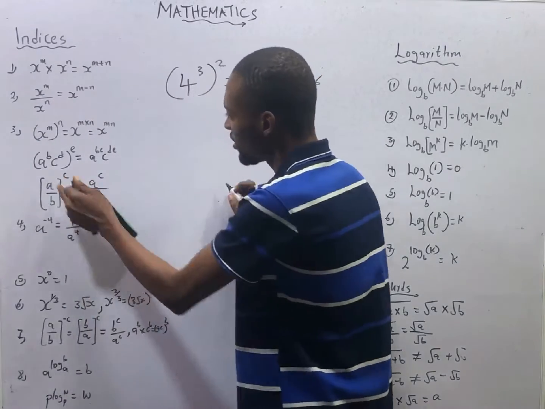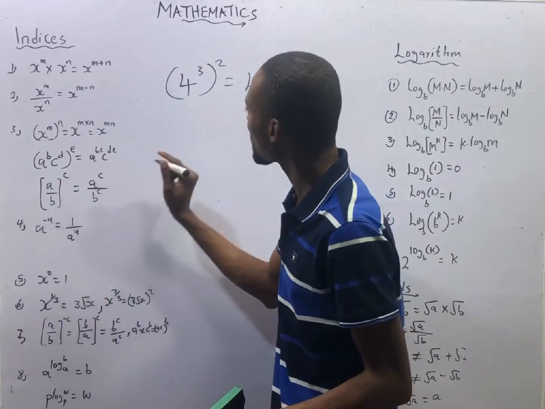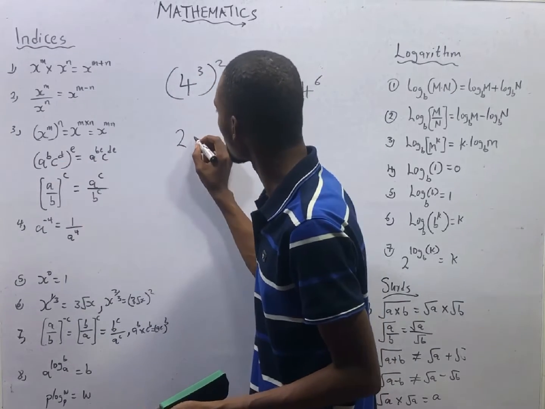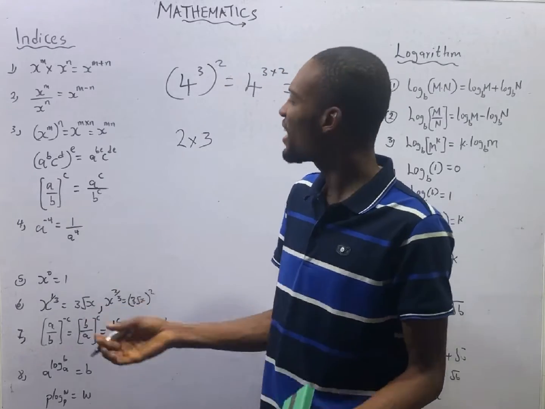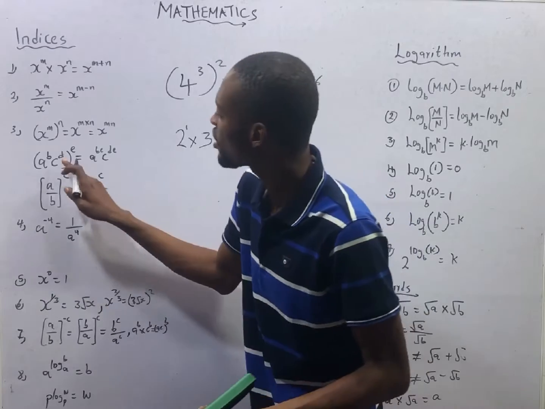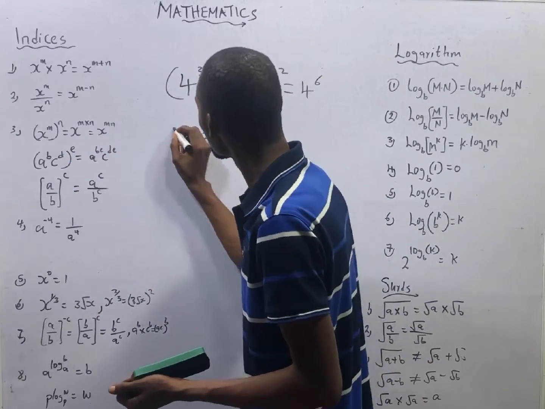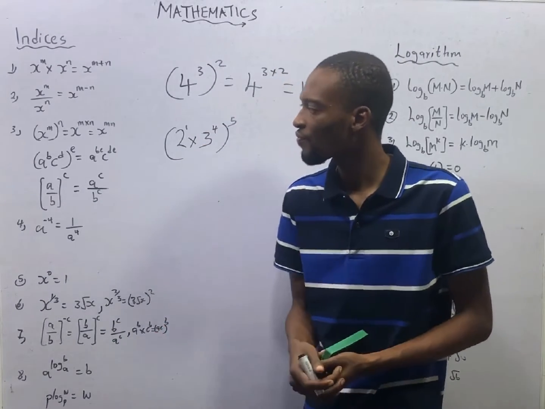If you have something like this, 2 different numbers, different bases, let's call the first one 2 and the second one 3. Then this one is raised to the power of one number, let's say 1, and this one is raised to the power of, let's say, 4. Then everything is also raised to the power of 5. What do you do?